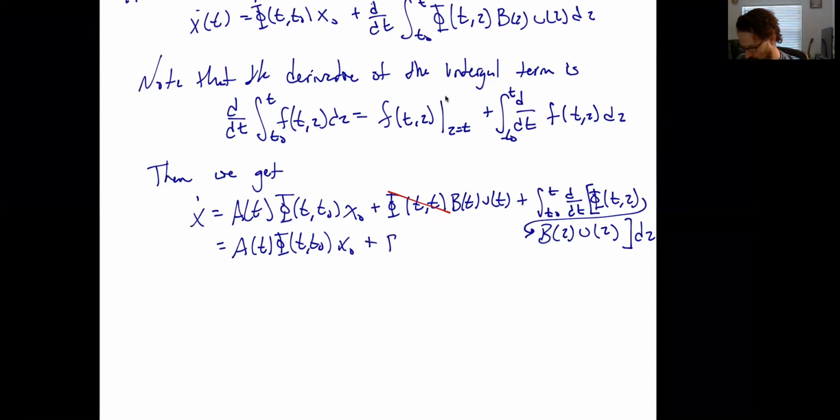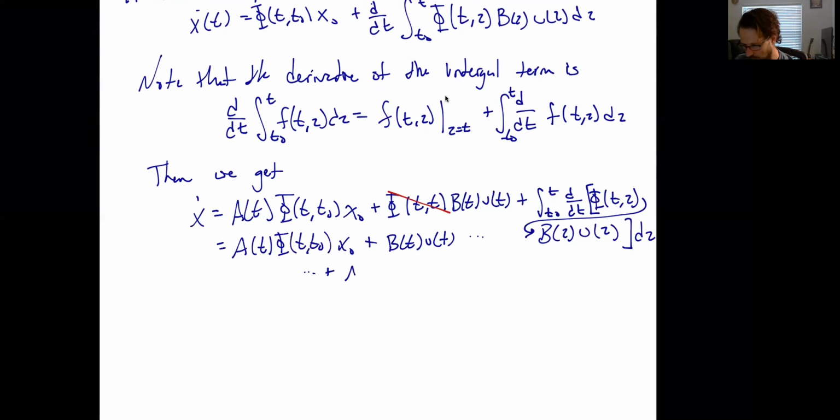So then we just get b of t, u of t. Then we take the derivative inside the integral.